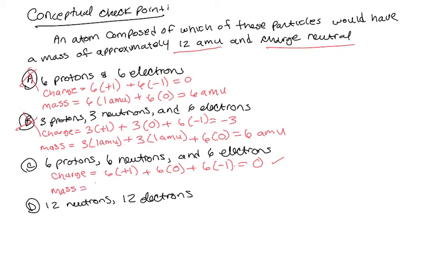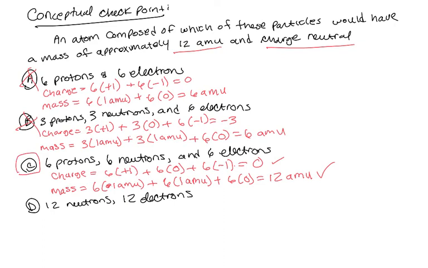For mass, we have 6 times 1 AMU, because each proton is 1 AMU. And then we have 6 neutrons, which are also 1 AMU each. And then we have 6 electrons that are approximately 0. So 6 plus 6 is 12 AMU. So it looks like we got both of those in check. So it would seem our answer is C.